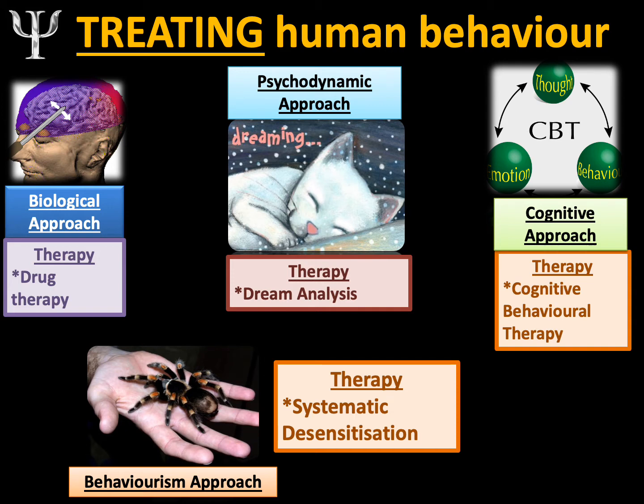So in particular, I will look to treat it through drug therapy, because I can create a drug that will target that aspect of their physiology, and I will alter that physiology, and as a result, I will make them better.